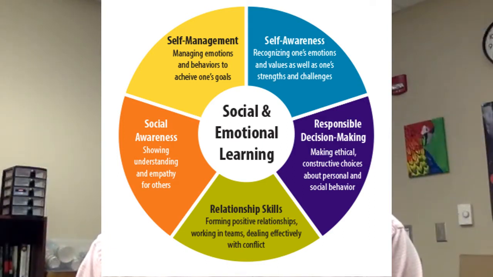So that's self-management. The second aspect of social emotional learning is self-awareness. And this is just being aware of your own strengths and weaknesses. I see this a lot in the classroom with kids who think they have to know things that they don't actually know. And so they will act as though they do, when in fact they could use help.